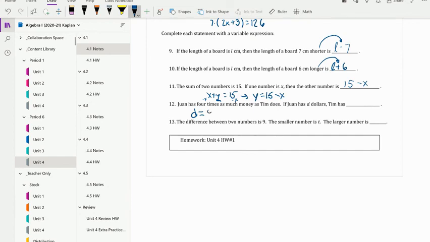We'll call Tim's money T, so D equals 4 times T. We want to solve for T, so we divide by 4. Hopefully we find that T equals D divided by 4. So Tim has D over 4.